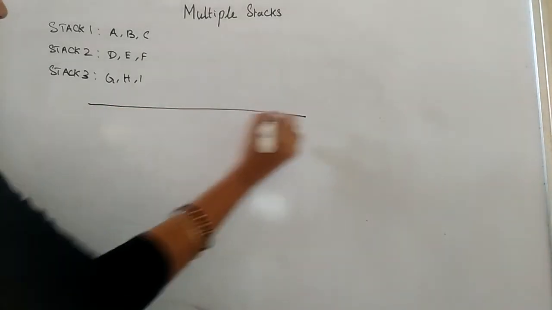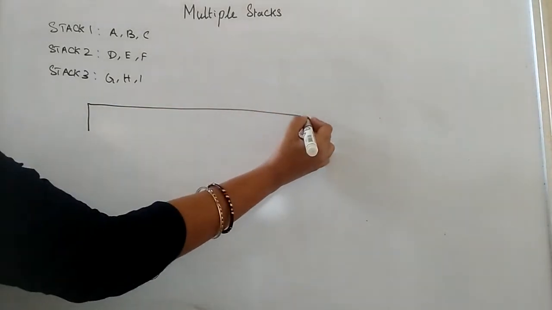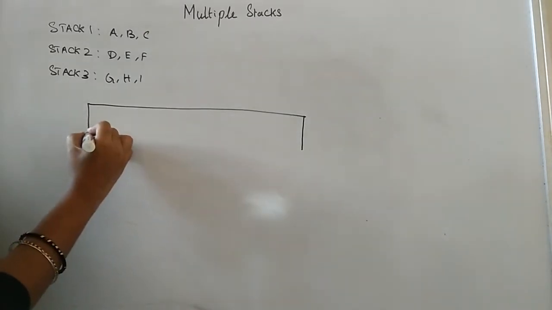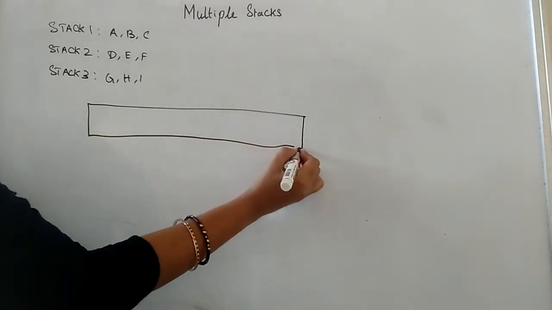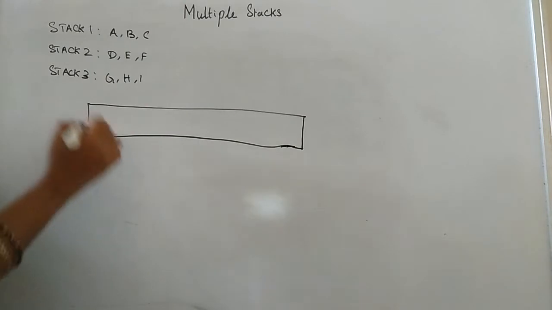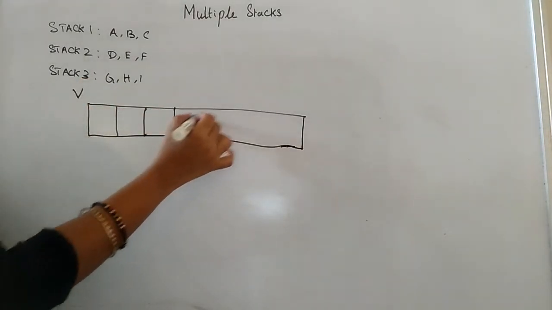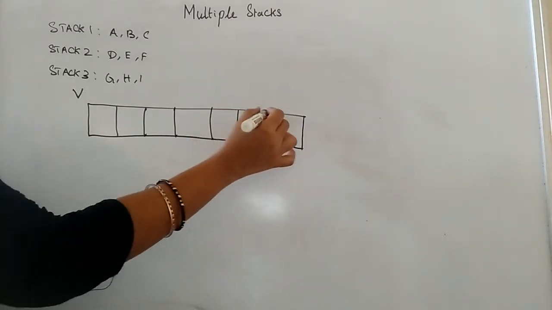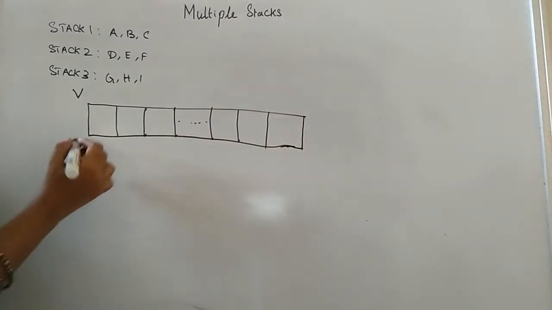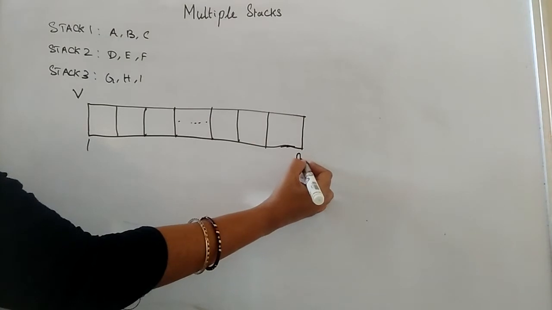Just like the previous example that we have seen in the last video, in the same way, I am taking one array as V. I am having several cells. It ranges from 1 to M.